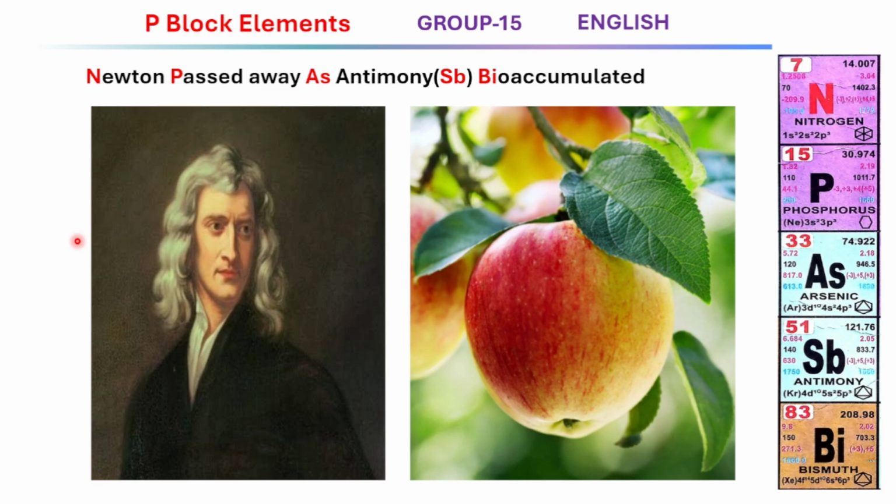Now what happened, you have to remember, after that he thought let's take a bite of that apple, and he took a bite of that apple. After taking a bite of that apple, Newton passed away. He died. Why? Because in that apple there was too much antimony. The bioaccumulation of antimony happened in that apple.